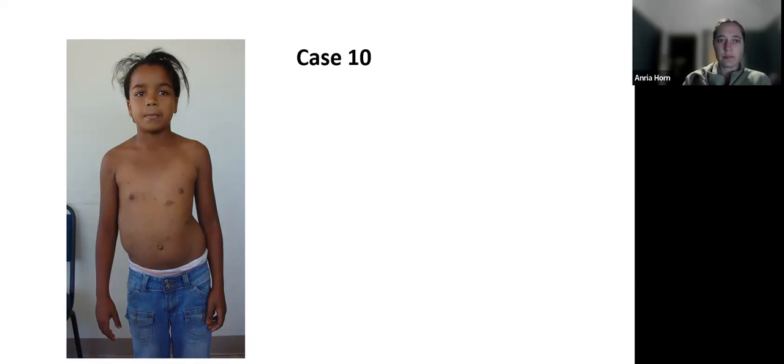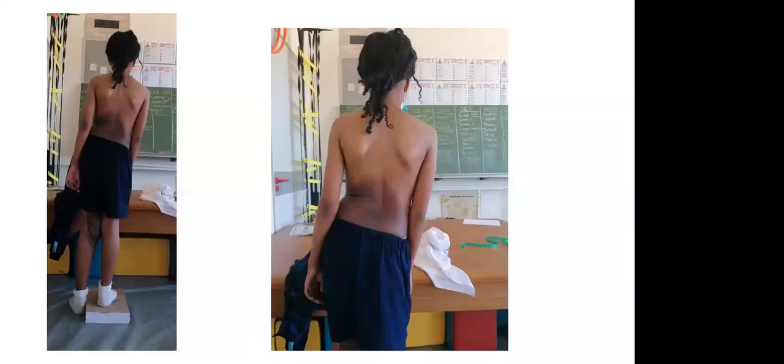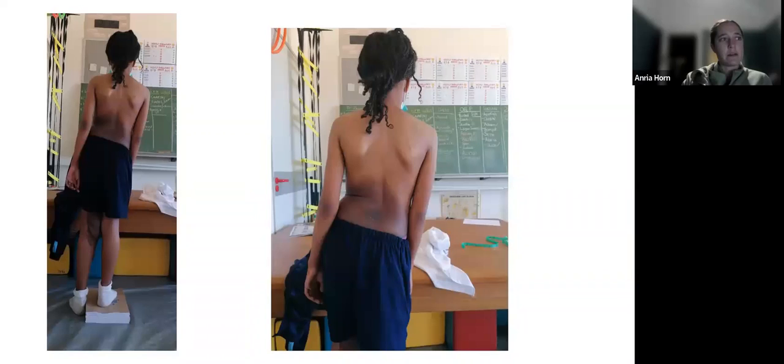What do you think the diagnosis is? Oh well, definitely when you have a capillary spot with the scoliosis, it's neurofibromatosis. So just before we carry on, what are the orthopedic concerns in neurofibromatosis type 1?